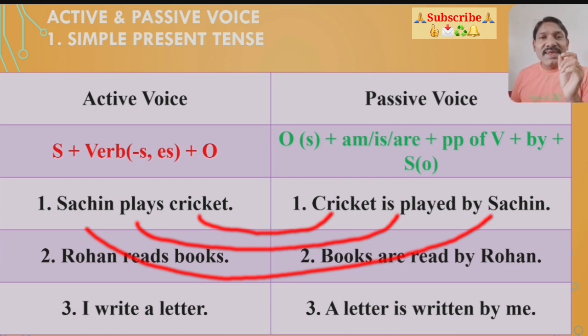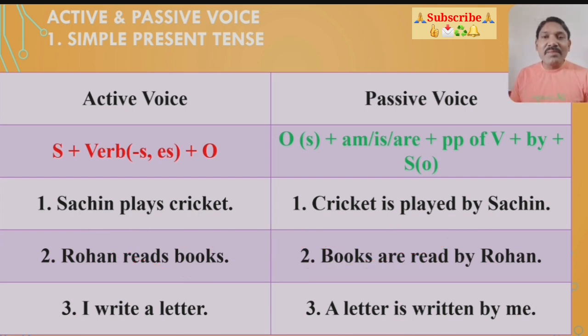Cricket is a singular noun, so we will take is. Now the past participle of the verb: plays is the verb here, so what is the past participle of plays? Played. And the conjunction by, and plus what? The subject of the active voice sentence. Sachin is the subject, so Sachin. So the passive voice sentence will be: cricket is played by Sachin.